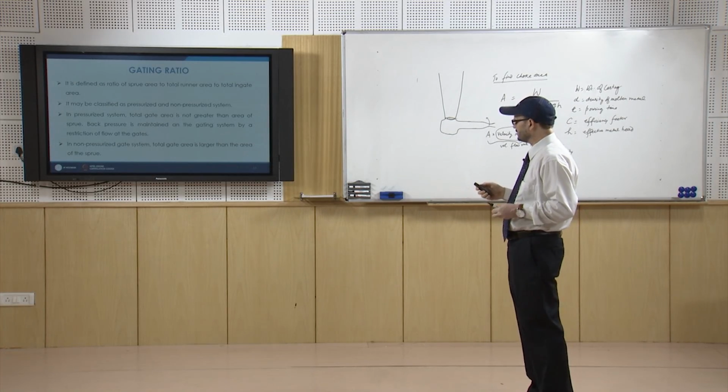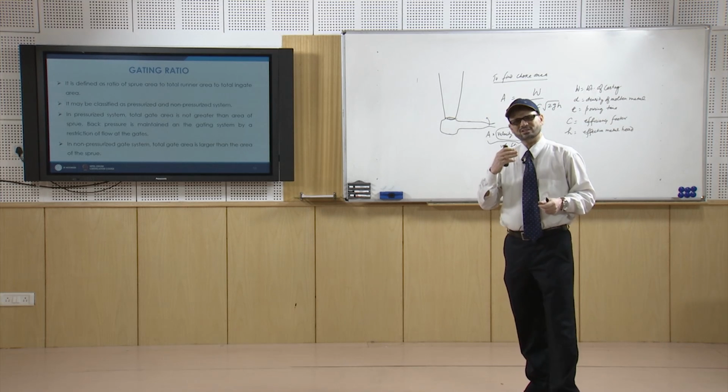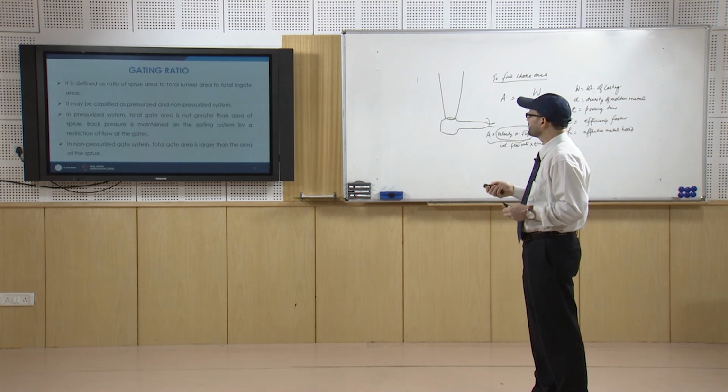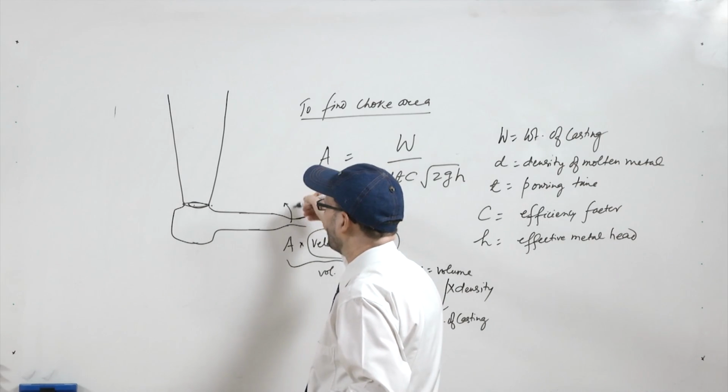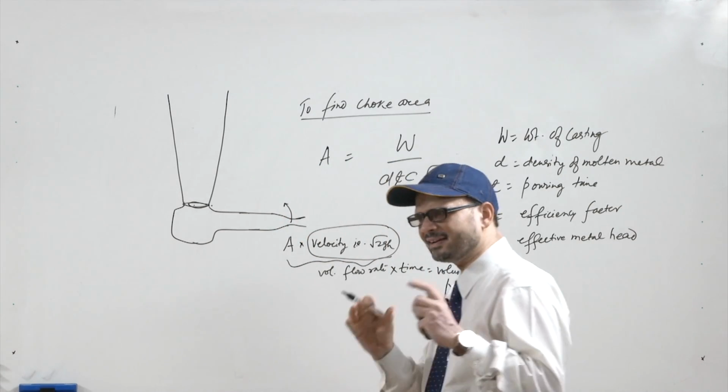It is defined that in a pressurized gating system the total gate area is not greater than the area of the sprue. So, in this case the total gate area will be smaller than the area of the sprue.